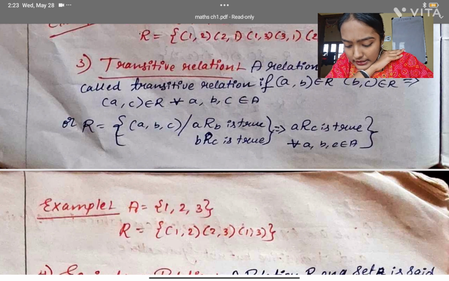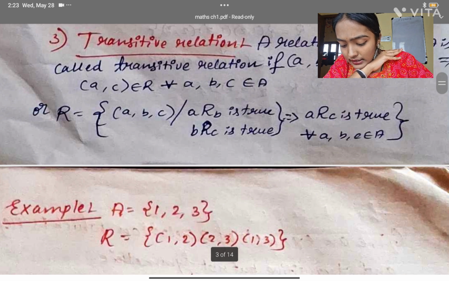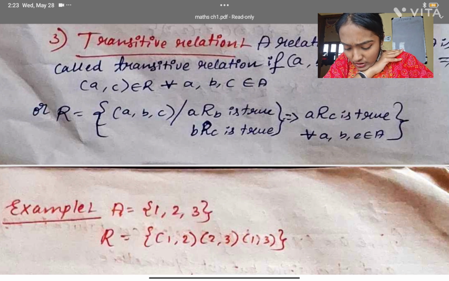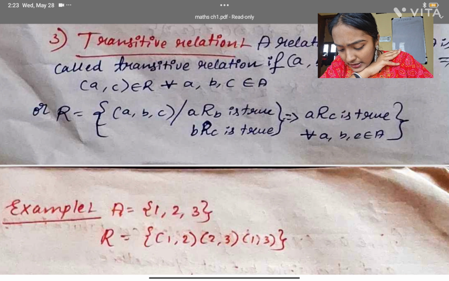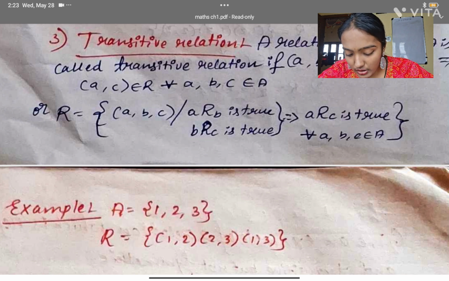Let's take an example. If we consider 1 as a, 2 as b, 3 as c, then in the relation the sequence should be (a, b) meaning (1, 2), (b, c) meaning (2, 3), and the last one (a, c) meaning (1, 3). If that sequence is present, then it's a transitive relation.